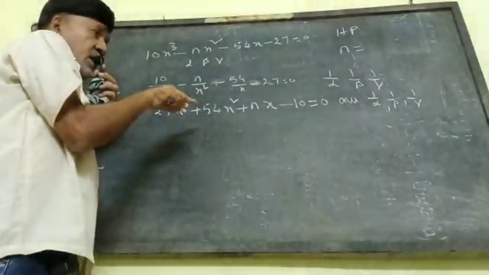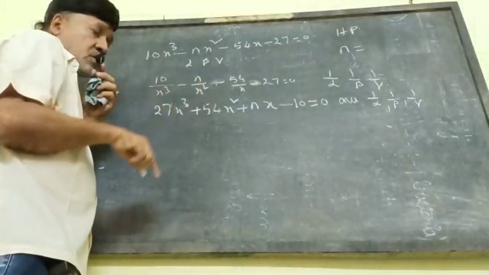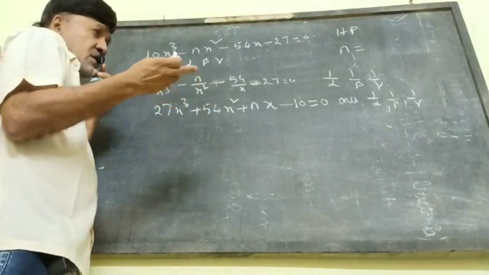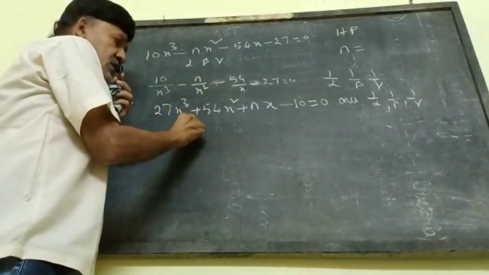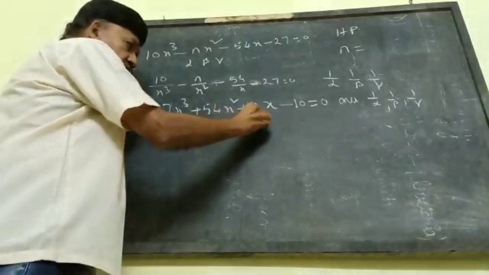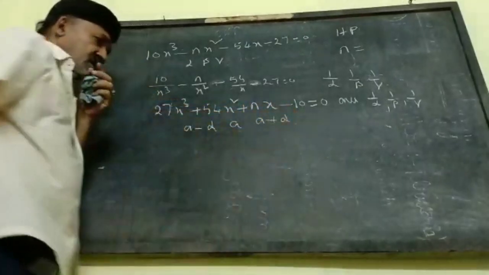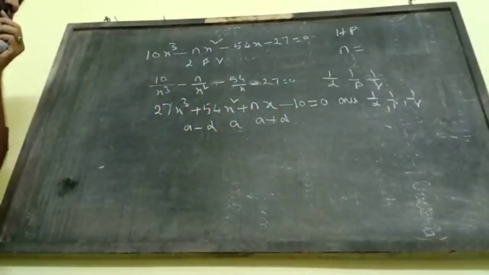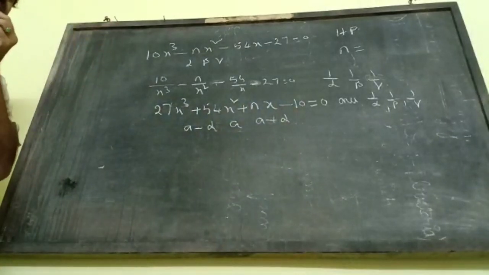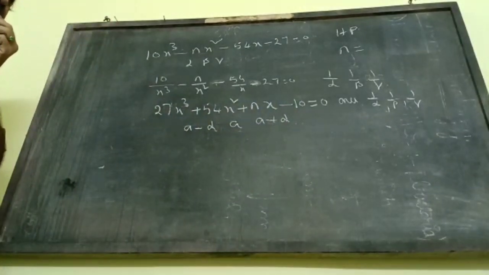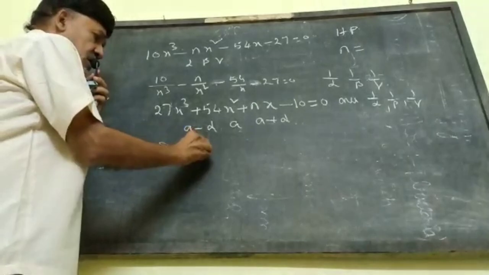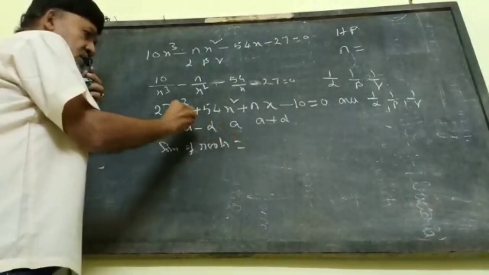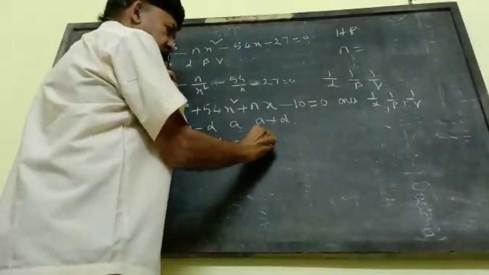That equation will have its roots in arithmetic progression. Whenever three numbers are in AP, we assume them as A minus D, A, A plus D like this. Correct? So you can assume 1 by alpha as A minus D, 1 by beta as A, 1 by gamma as A plus D. What is the sum of roots? Sum of roots is equal to 3a.